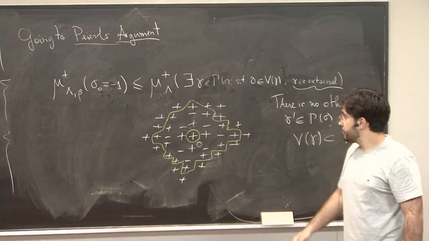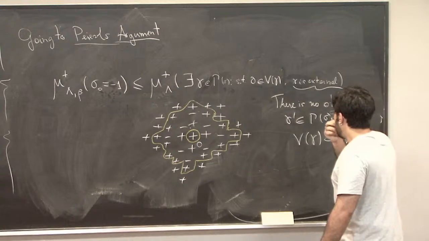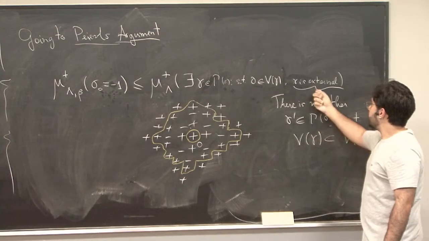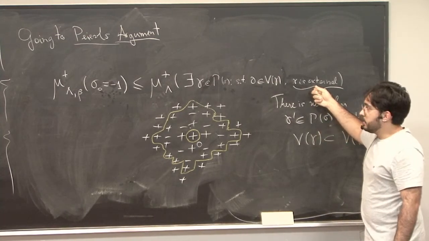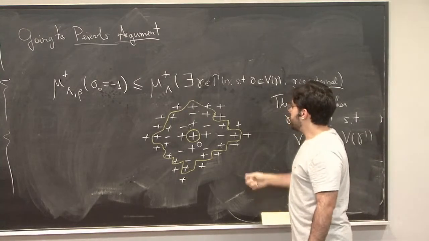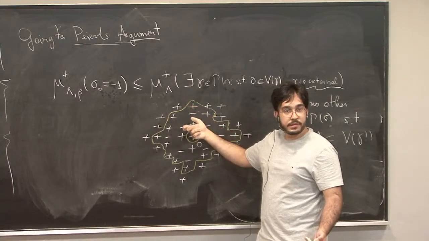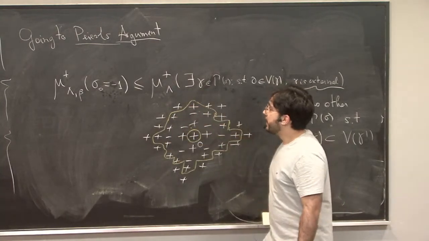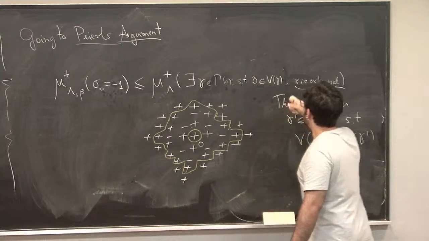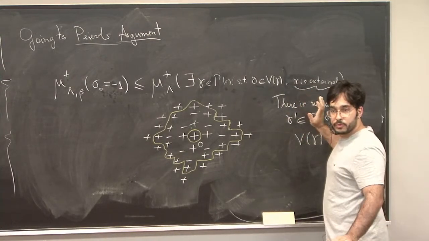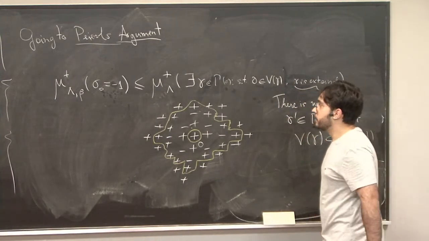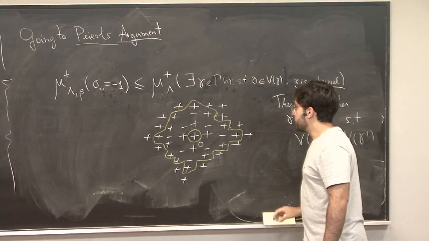Okay? And what is nice about external contours is that I can guarantee that the sign at their boundary will always be plus, because outside I have a plus boundary condition. So these are always plus contours.